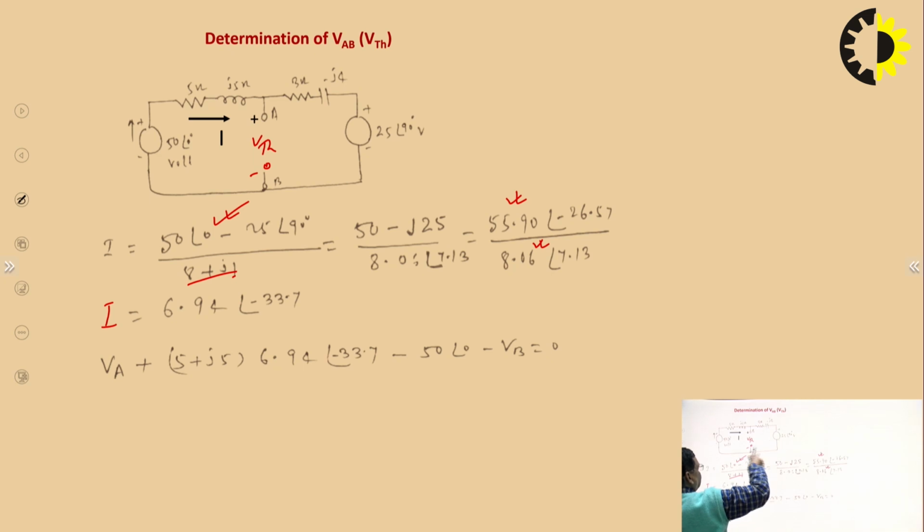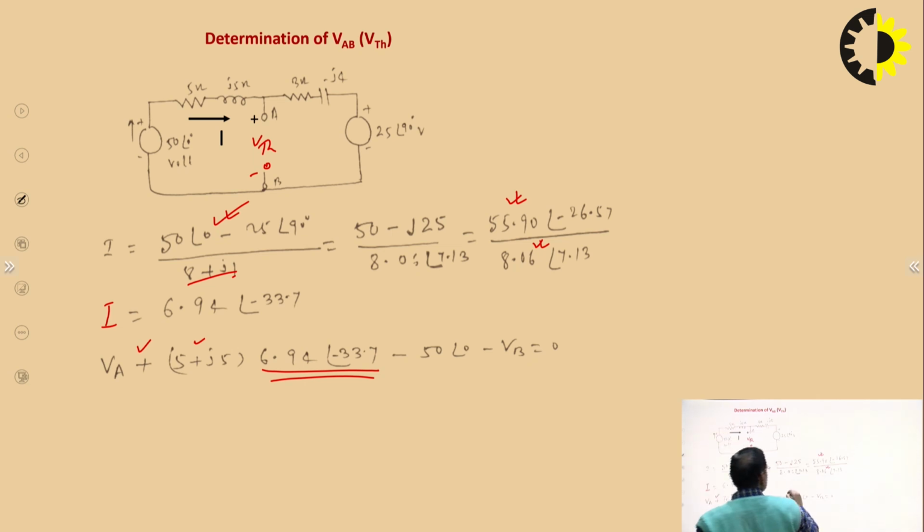Now, write a line equation, starting with VAB. We have written the equation for this loop. So VA, we are moving against the direction of current, so it is plus I into 5 plus J5 into this I, minus, because we are going from the plus to minus terminal, voltage plus to minus.